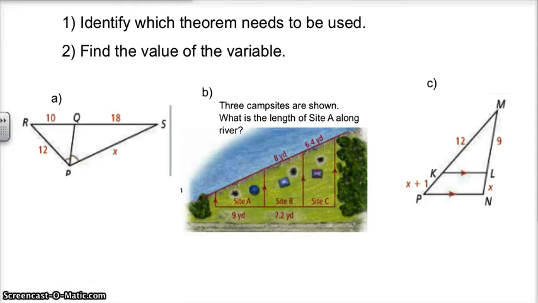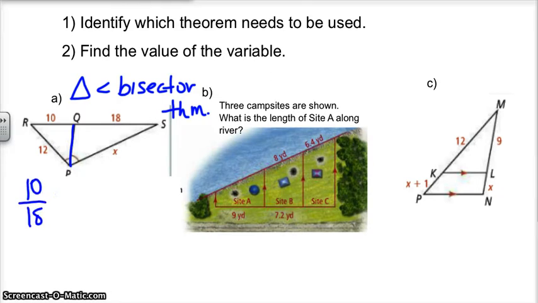For the first one, we have a triangle. We have the angle bisector. So this is the triangle angle bisector theorem. On an assessment, I'm not going to ask you the name, but for the purpose of the notes, I want you to see which one it's matching to. So I have an angle bisector of a triangle, so it's dividing that bottom side so that it's proportional to the other two sides.